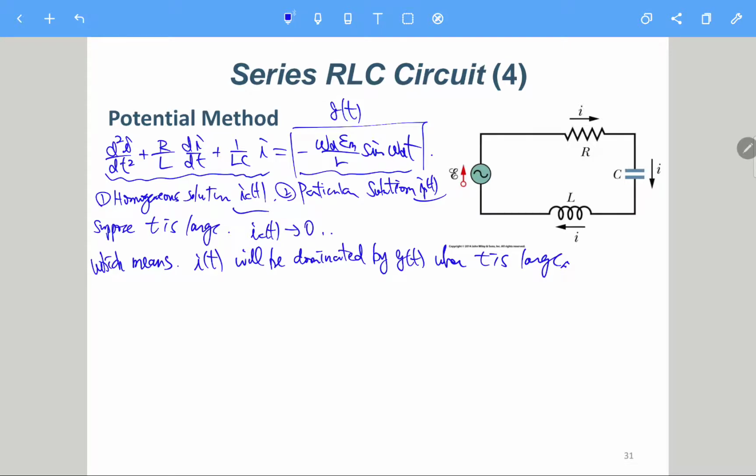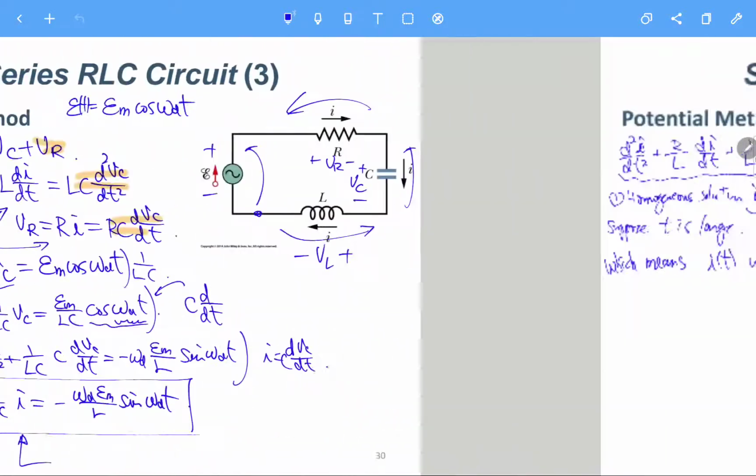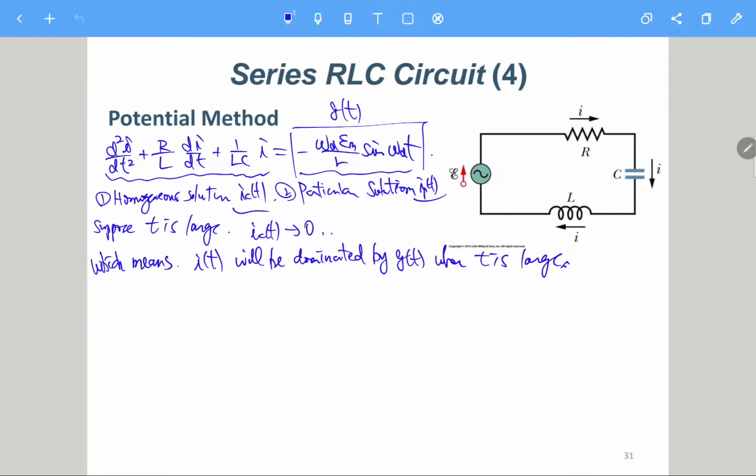So the phasor is a method to skip the homogeneous solution and find the particular solution directly.